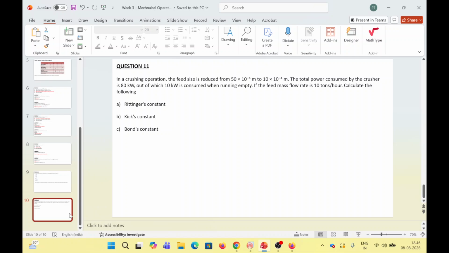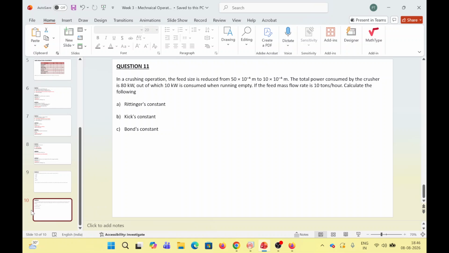So you are going to do a crushing operation. Feed size is going to actually reduce from 5 mm to 1 mm. Total power is actually given as 80 kilowatts, and out of which 10 is going to be consumed when running empty. Feed mass flow rate is given as 10 tons per hour. You are supposed to calculate the 3 constants.